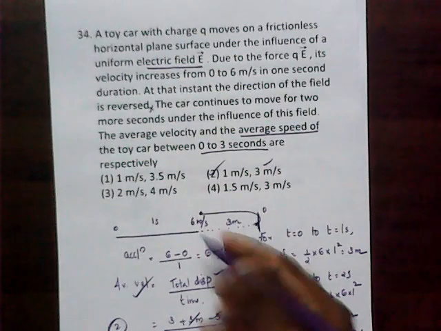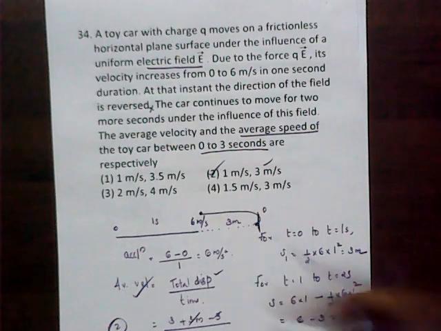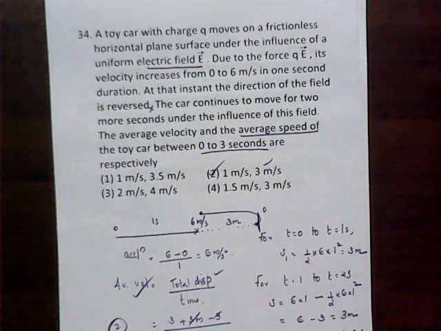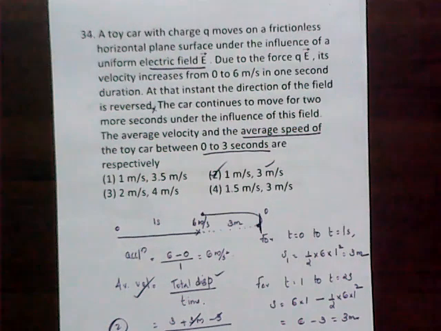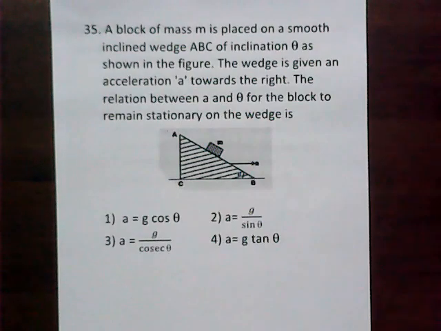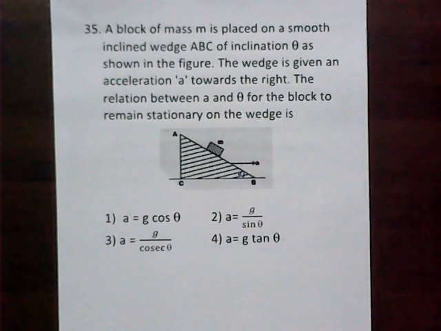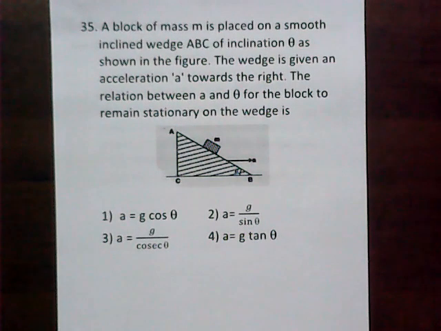You must think about the motion after that. This is a very good concept. So that is question number 34. Number 35, again a good question is waiting. A block of mass m is placed on a smooth inclined wedge ABC of inclination theta as shown in the figure.